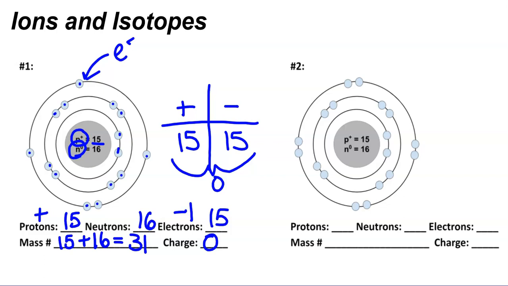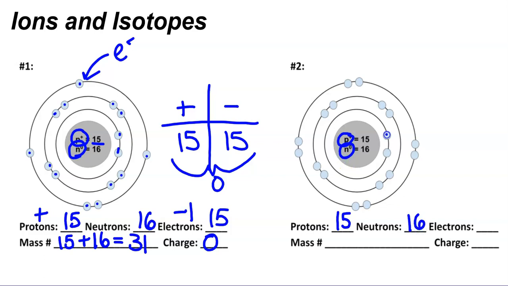Looking at model number 2, once again, let's figure out protons first by looking at this P+ symbol. Still 15 protons. Neutrons, it's telling us there are 16 neutrons in the nucleus. And then electrons we have to count.